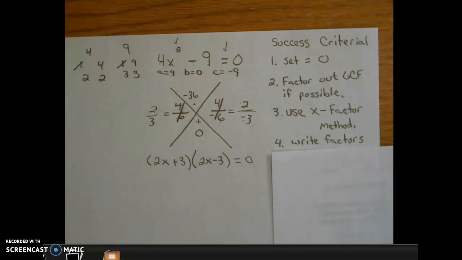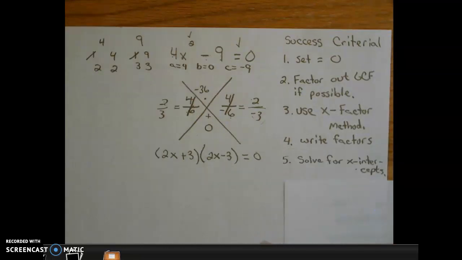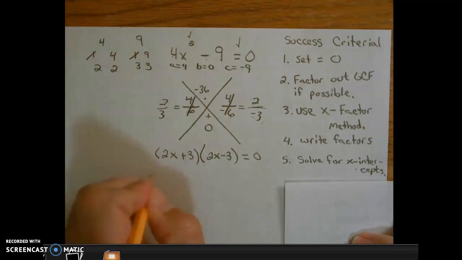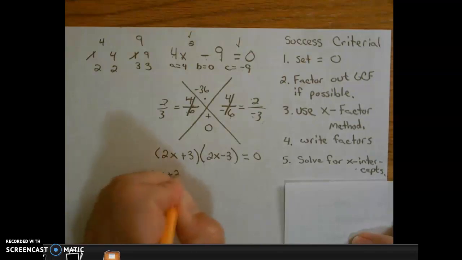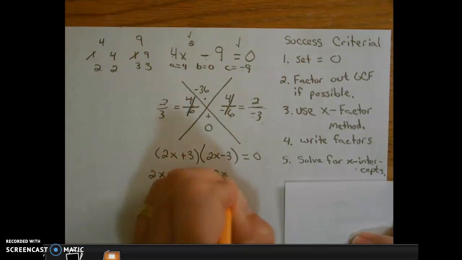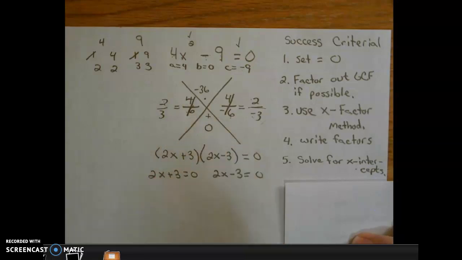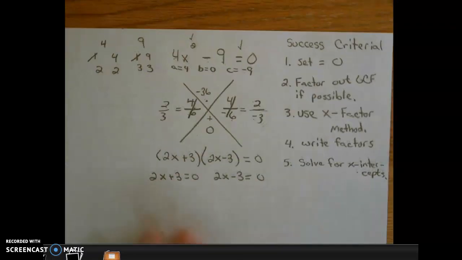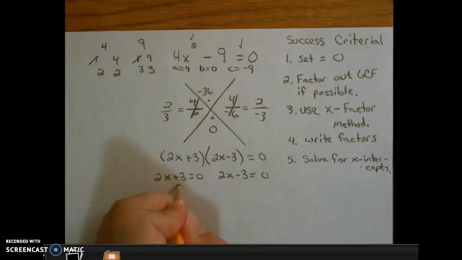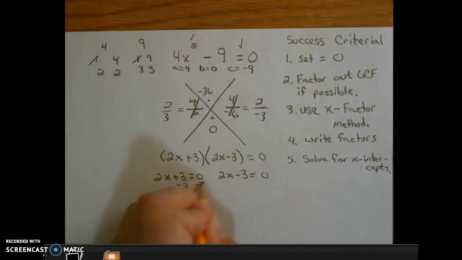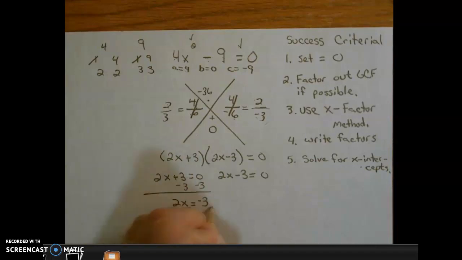Okay, so last step, finding the x-intercepts. We set each factor equal to 0, and we solve for x. I'm doing adding and subtracting first. Undo multiplication with division.